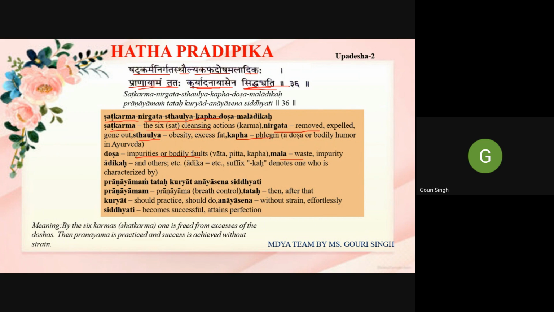Okay. So this sloka is telling in short that only after such kriyas does one go for pranayam. But such kriyas are prescribed only for persons who have more fat or more kapha in the body; only then does that person need to do the satkriyas.